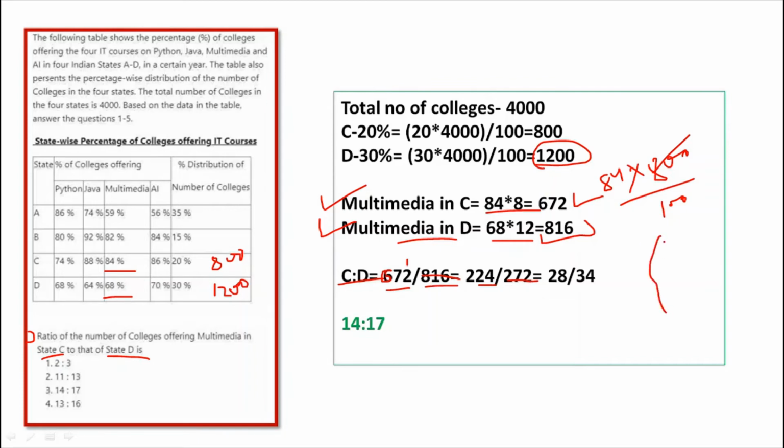So a big number can be broken down into a smaller number by dividing both the denominator and numerator by the same number. Here we are dividing the denominator and numerator both by 3, and we get 224 divided by 272.